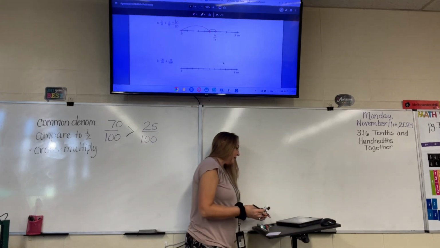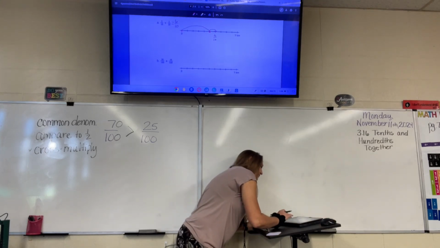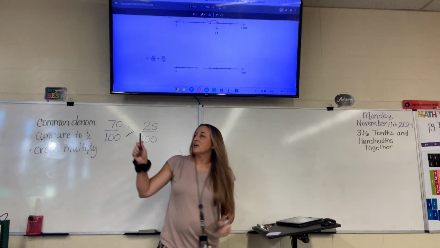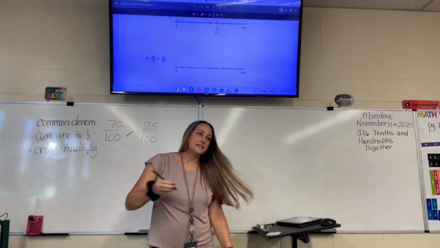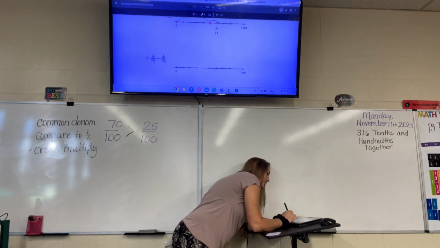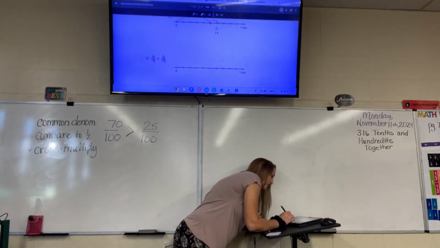On the next one, we have 50 hundredths and 10 hundredths. But here's the thing, on our number line, it only has tenths. So watch, we could cross these out and cross these out, and then just do the exact same thing. So 5/10 and 1/10 would be 6/10 or 60 hundredths.